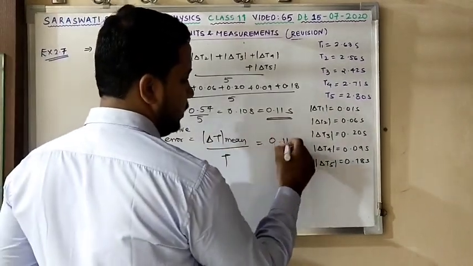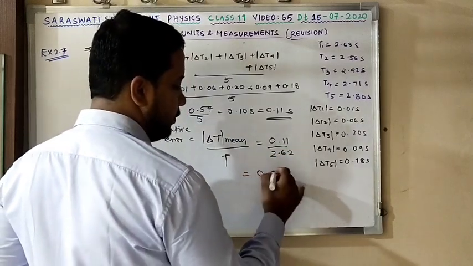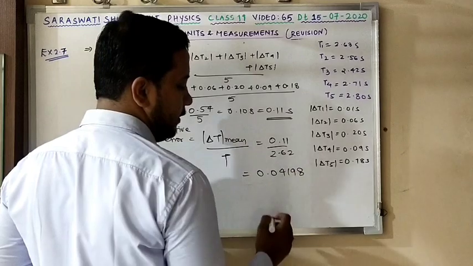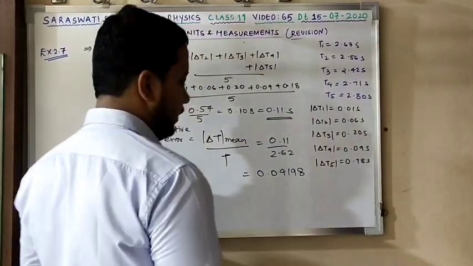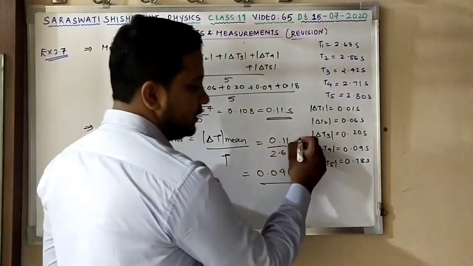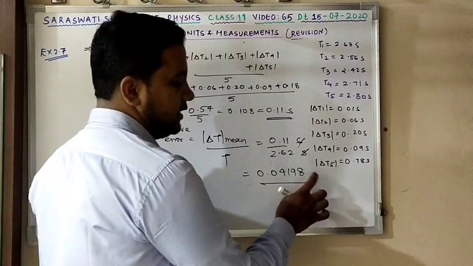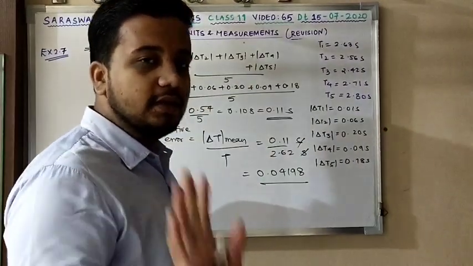Mean absolute error 0.11, true value 2.62 seconds. So I am going to get 0.04198. Clear? This is my relative error. Relative error has no unit, because seconds cancel seconds, so it is unitless. It is a ratio of two same physical quantities, so it is unitless.